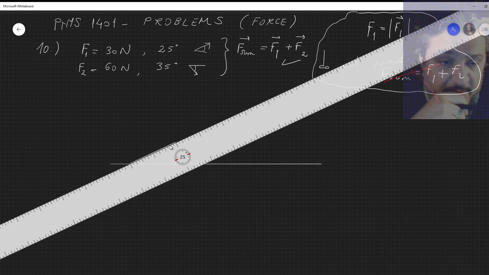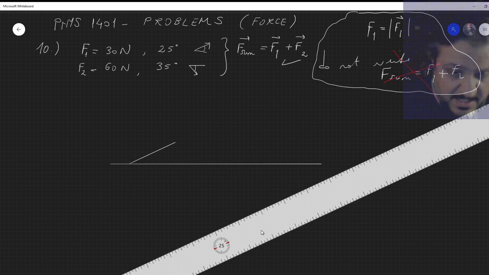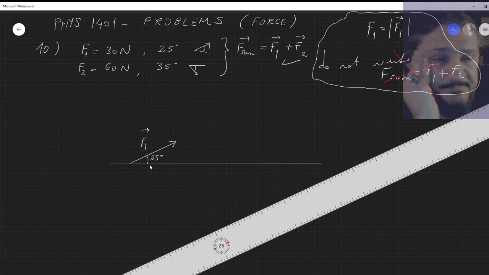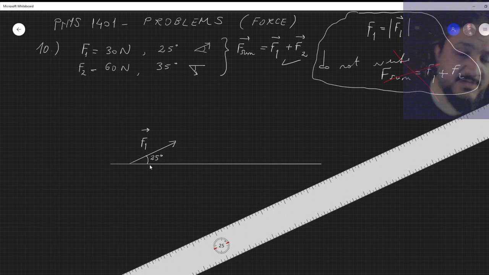Whatever is easy for you, if you're just scaling in that way. So this is my F1, I'm just going to make it an arrow, with 25 degrees above the horizontal.